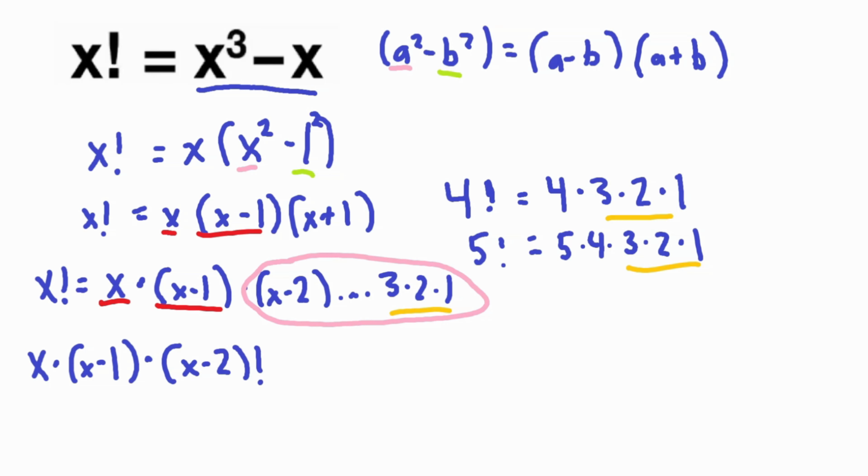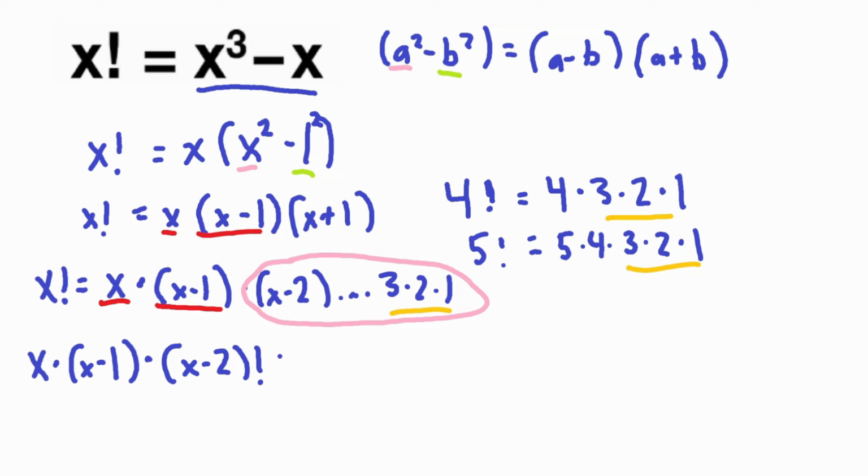Because this is simply going to be x minus 2 times x minus 3 times x minus 4. So it's starting at x minus 2 and you keep on multiplying by 1 less until you reach 1. So it's x minus 2 factorial. Now this is how we have rewritten our x factorial.